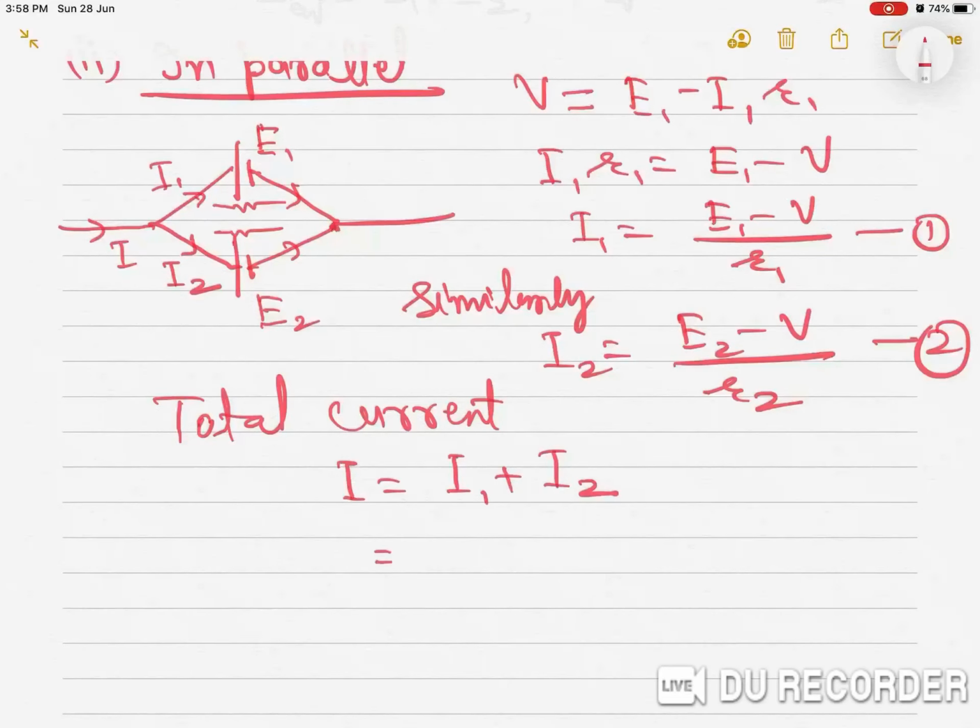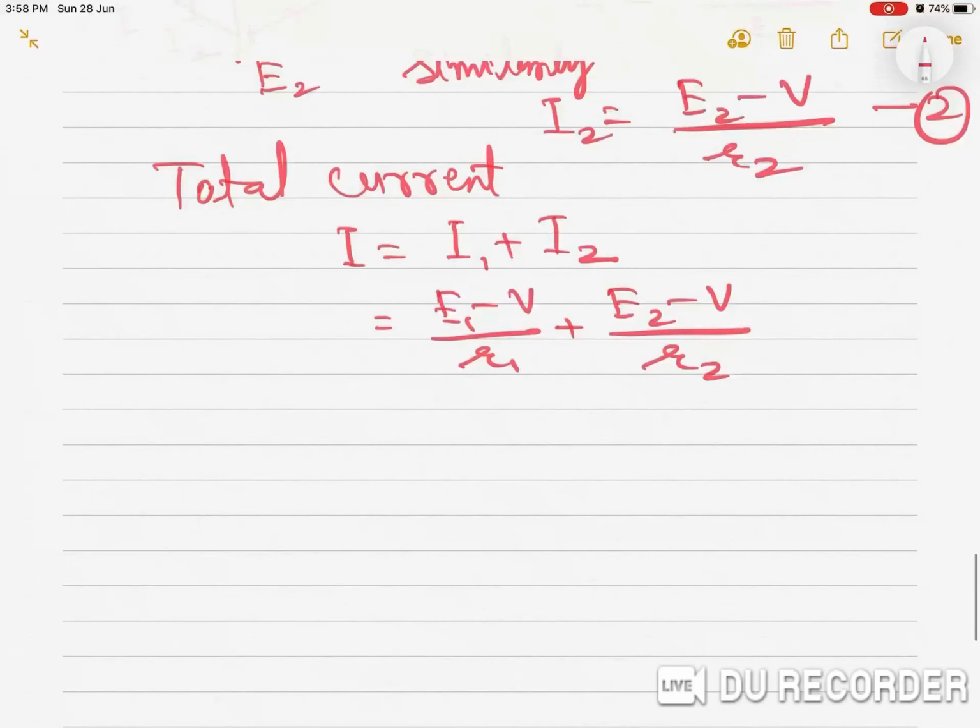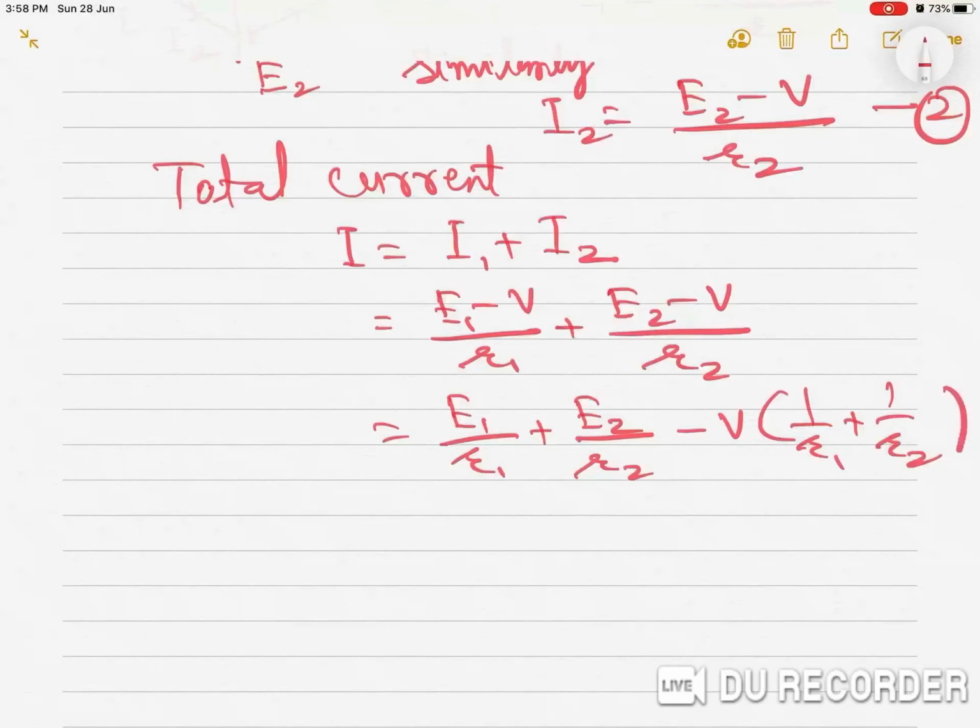It will be E1 minus V upon r1 plus E2 minus V upon r2, so we can write E1 upon r1 plus E2 upon r2 minus V times 1 upon r1 plus 1 upon r2.